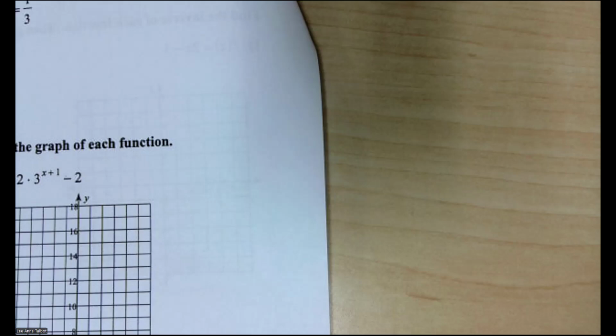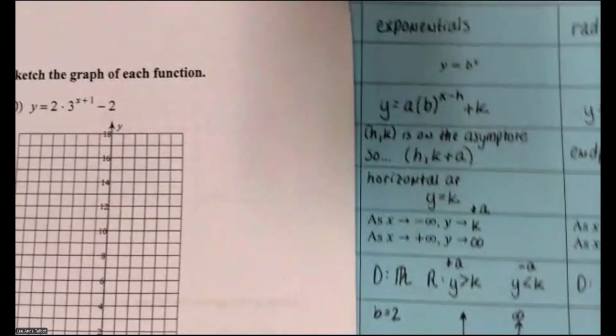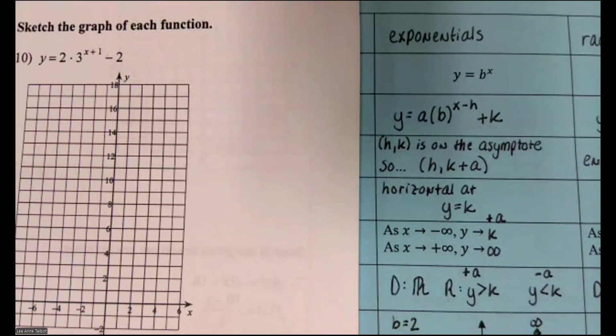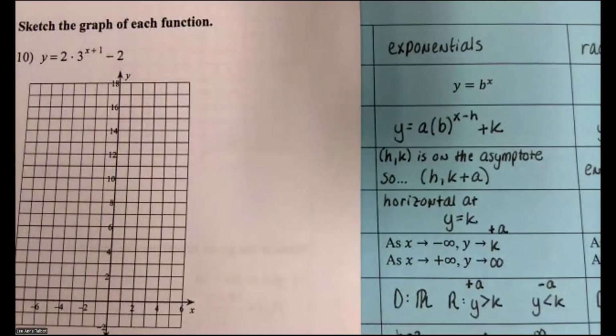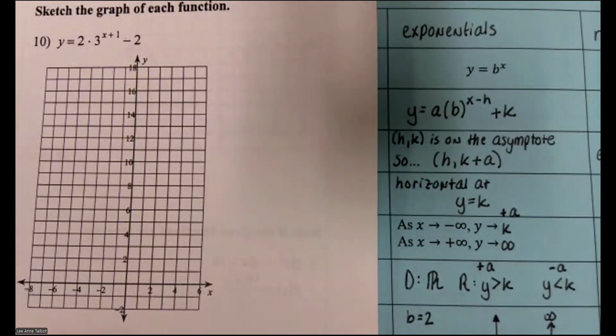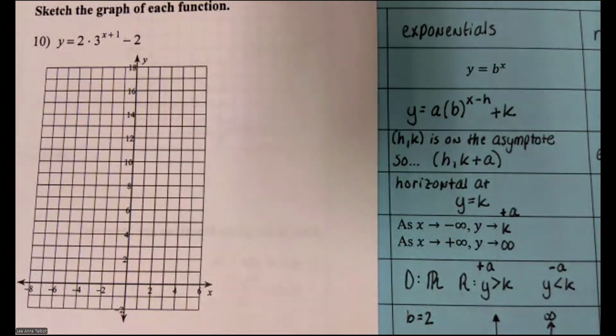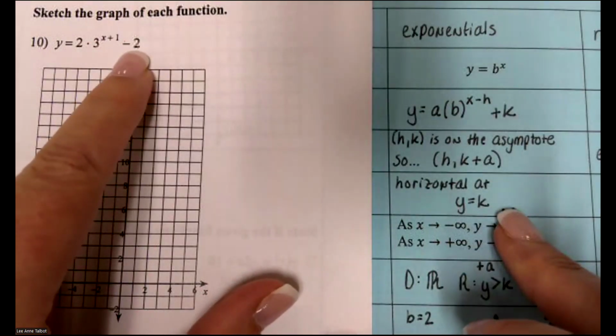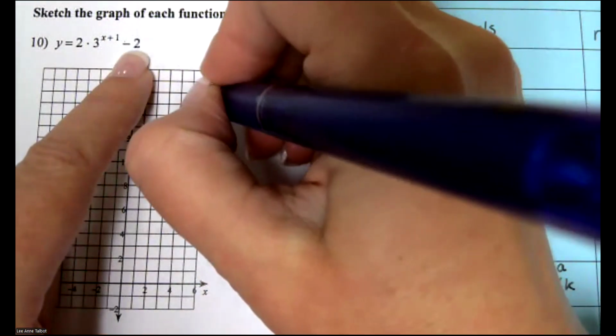Yesterday's warm up was this. So I got my blue pages up there, Sam. Okay. Start with the asymptote. Horizontal asymptote at y equals k.